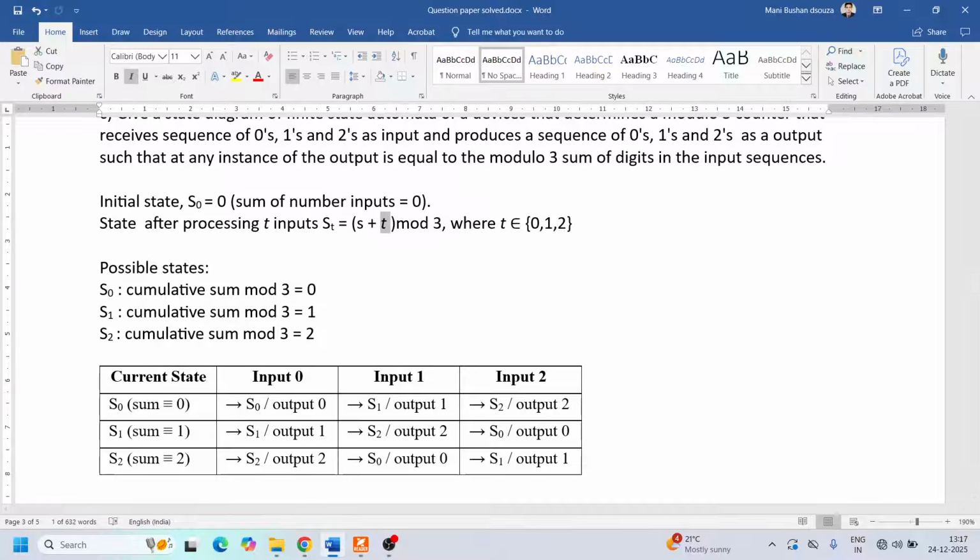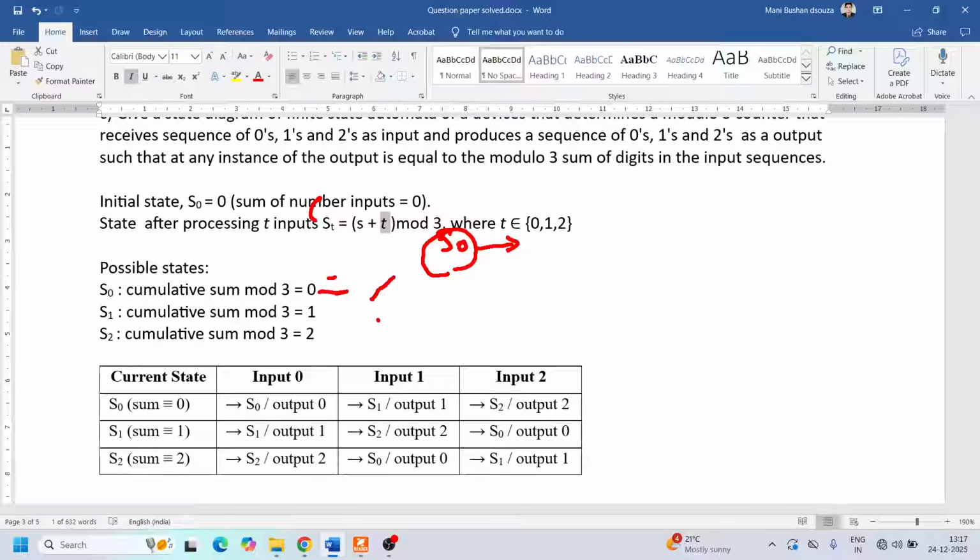So we will start with the current state and see what transition we are going to get. Suppose initially you are at the S0 state. What is the meaning of saying S0? Sum is 0. This is the state.